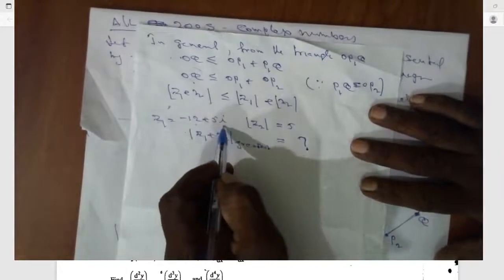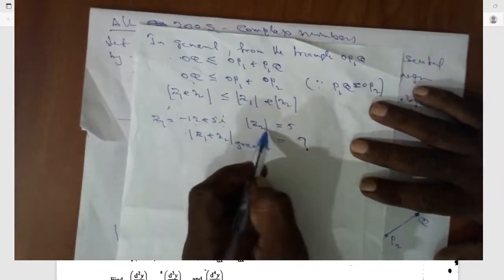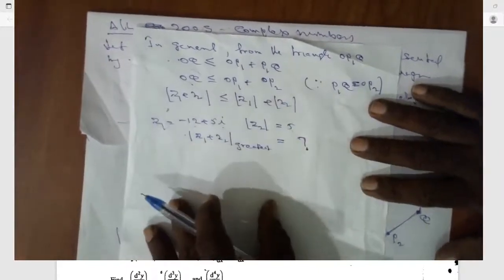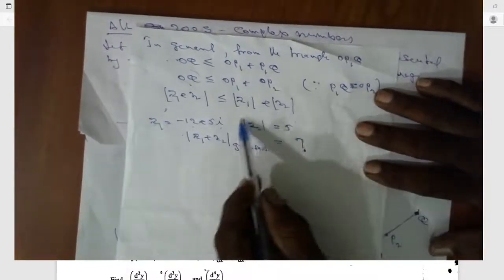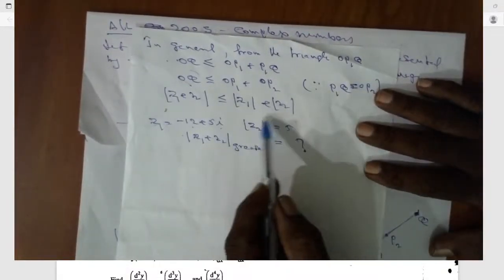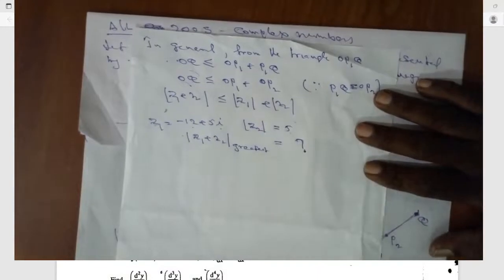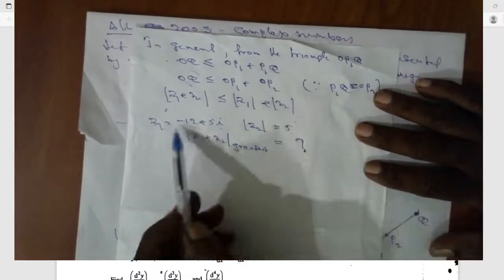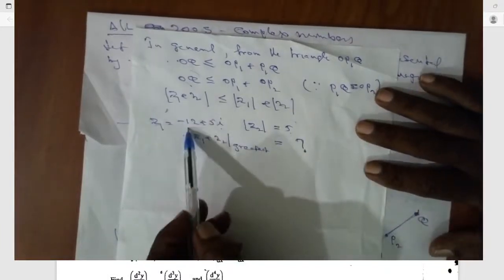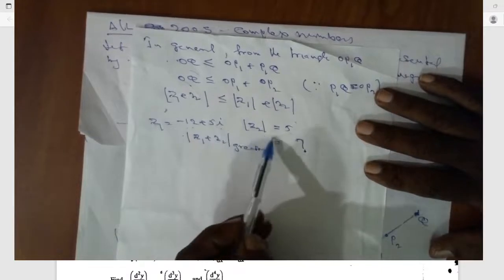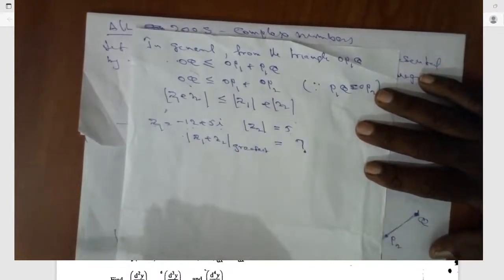Now you are given this one, C1 equals minus 12 plus 5i. C2 has modulus 5. What is this one? This one is variable out of these. C1 is a constant complex number. C2 is not a constant complex number. It's a variable complex number.